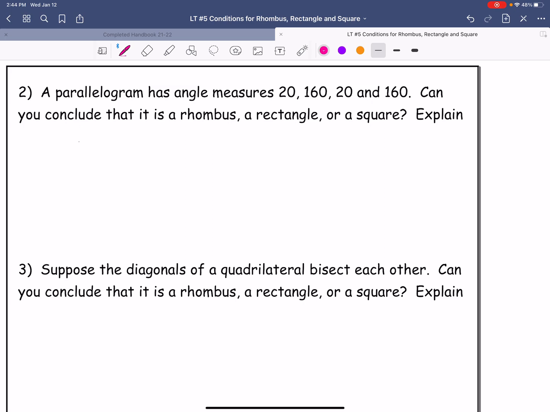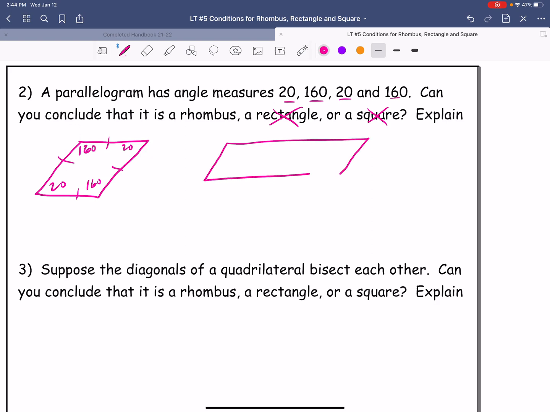In this first scenario, we could have something that looks like a rhombus. Now, these are not 90-degree angles, so it can't be a rectangle, can't be a square. But if this is 160, this is 20, 160, 20, that does seem like it could work for a rhombus. But what if I elongate it? Does that still meet the conditions that are stated? 160, 20, 160.